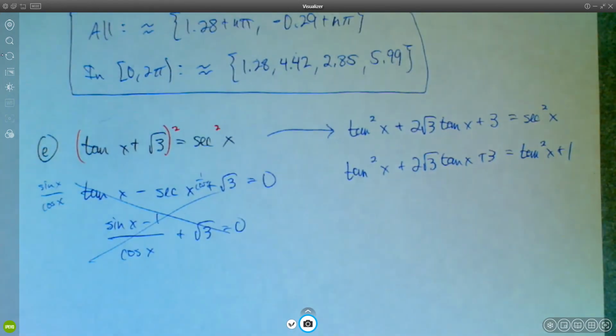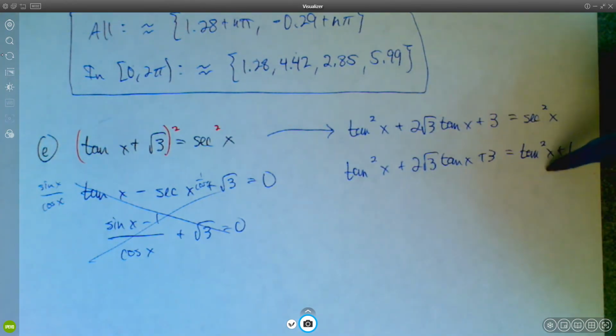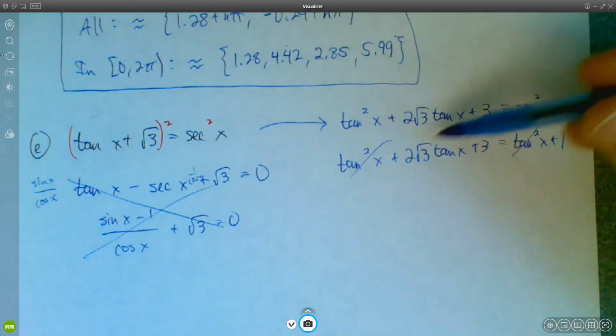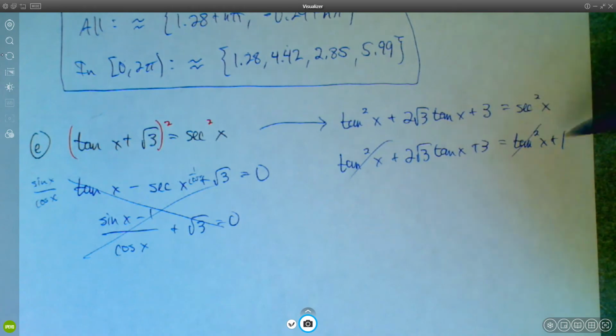Okay, and now what's really nice about that is notice that the tangent squareds are going to cancel, if I subtract the tangent squared over to the other side. So after canceling those off, now I just have 2 root 3 tangent x plus 3 equals 1. That's not quadratic anymore. I can just solve for tangent x by moving the 3 over here.